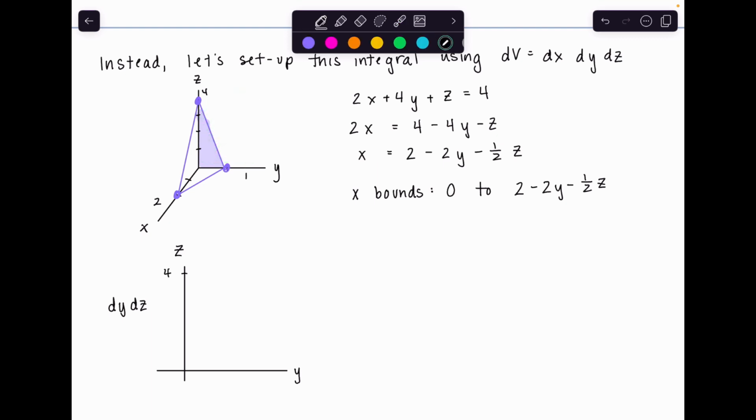So my z starts at 4, my y goes to 1, and then you have a line connecting these 2 points. And this is the back of that tetrahedron. So your z bounds are the nicest. That's 0 to 4, because that's the last thing that we end up going through. So I need to find y bounds, and z bounds are just the constants.